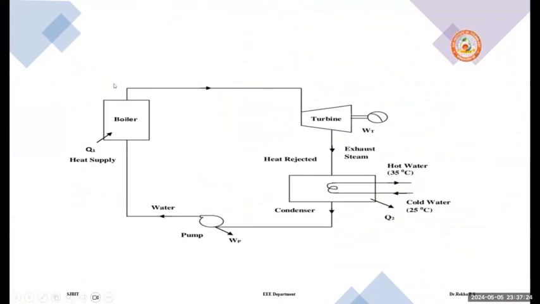So this is a simple block diagram: boiler, water, and from the turbine, exhaust steam to the condenser. From the condenser, it goes back to the boiler.